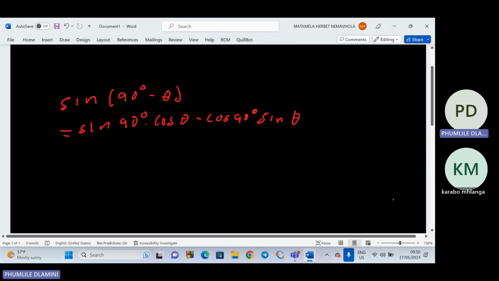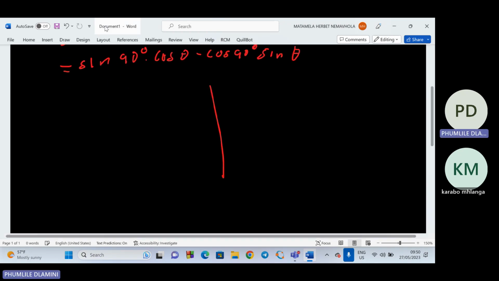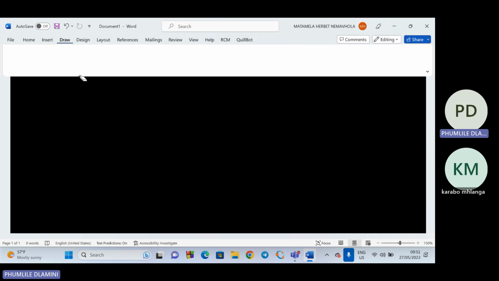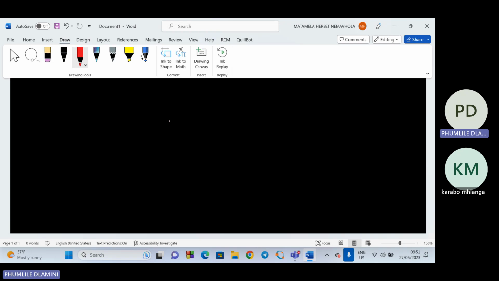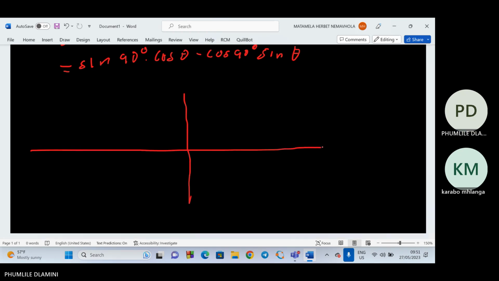What we can also do is draw a graph of sine theta. When we draw a graph of sine theta, it's going to go this way and this way.